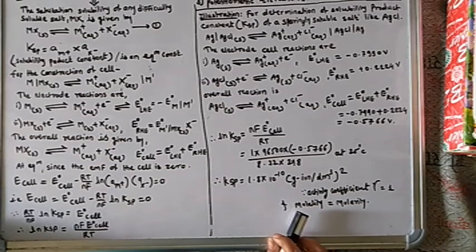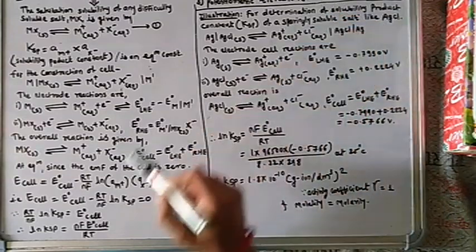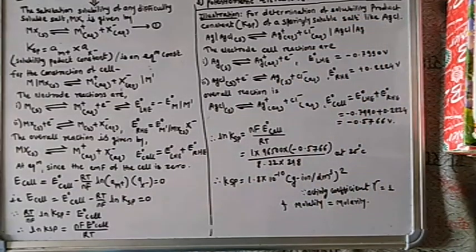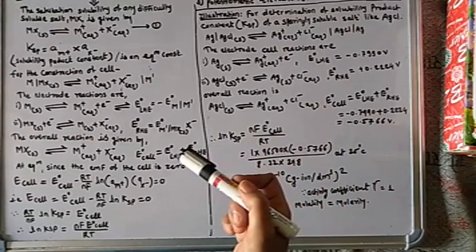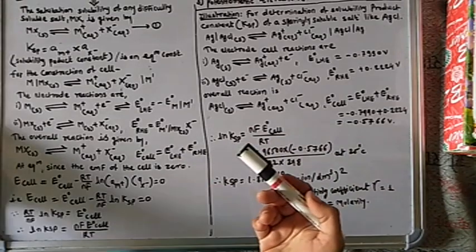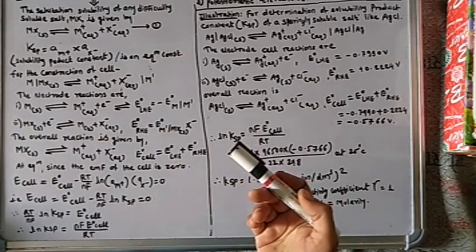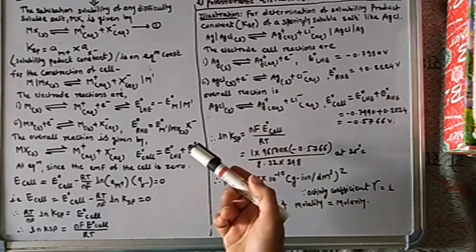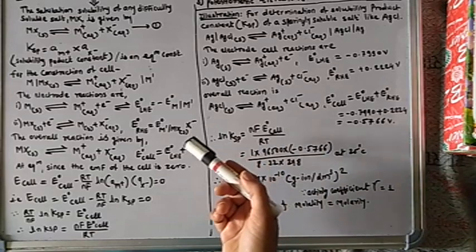Next, we will see the potentiometric determination of pH. There we will see the definition of pH, the operational definition of pH, and the electrode used for pH measurement.